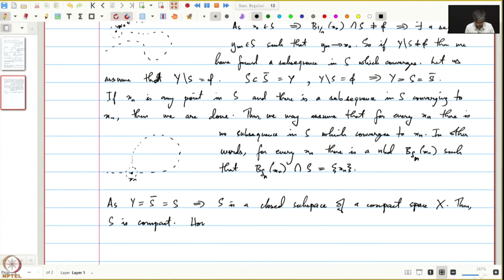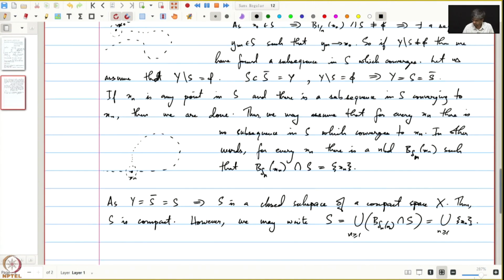However, we may write S as the union over n greater than or equal to 1 of B delta n of xn intersected S, right? This is simply equal to the union over n greater than or equal to 1 of xn, right?